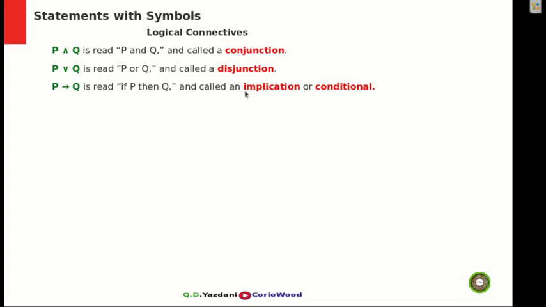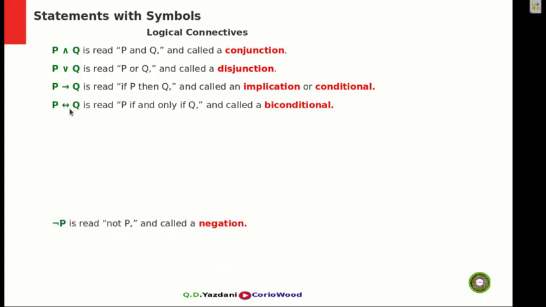In the next slide we're going to go through this again, what implication is, because this is a wide subject in mathematics. You need to understand that it is the first part and then the second part. And P double-headed arrow Q, with one arrow pointing towards P and one pointing towards Q, makes sense, because P if and only if Q I would call biconditional, because it is facing both ways.